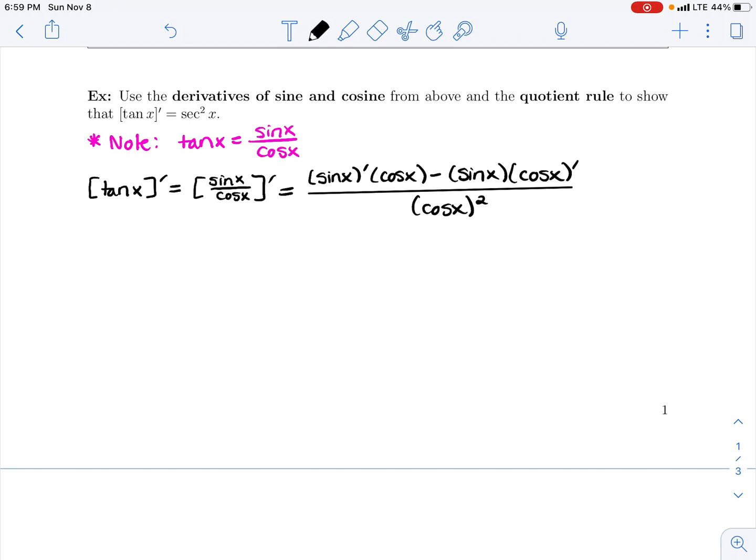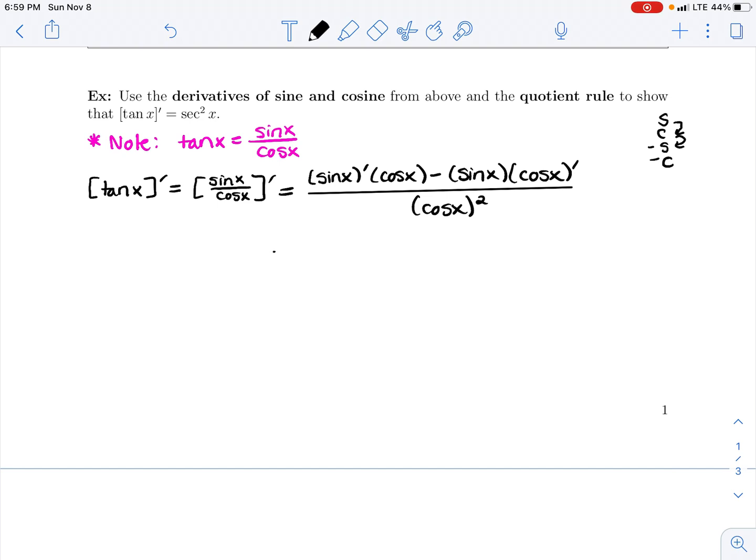So here, what I'm going to do is actually take the derivative of sine and cosine, so that's where I'm using those derivatives above. Remember, I think of Santa Claus, so SC, and how sad I get when the season's over. I'm happy when the season's happening, that's why it's positive, and then I get sad when it's over. So from here, I know that the derivative of sine is cosine, and the derivative of cosine is negative sine.